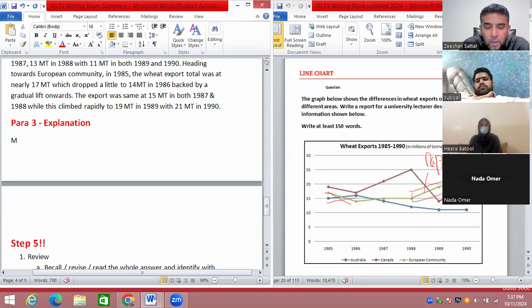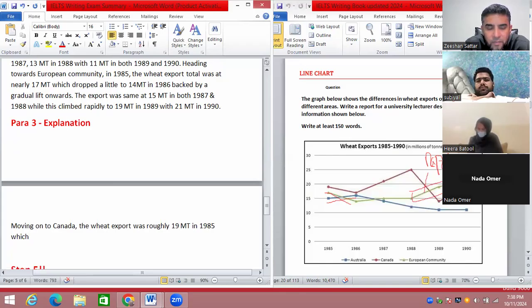Moving on to Canada, comma, the wheat export was roughly, which means it is not exact, roughly 19 million tons in 1985, which decreased a bit.